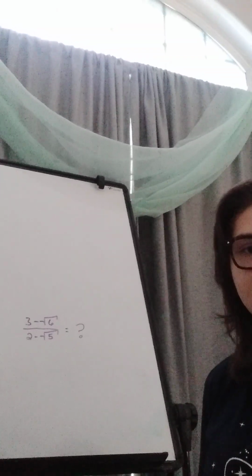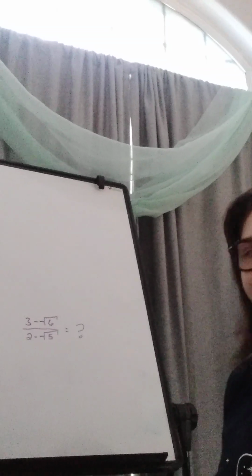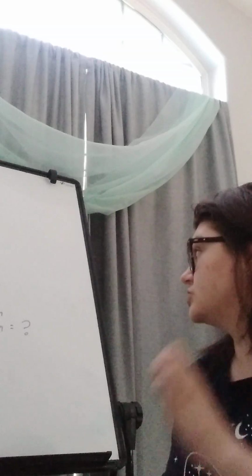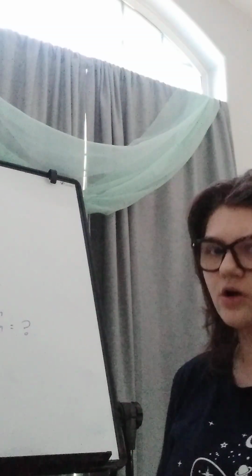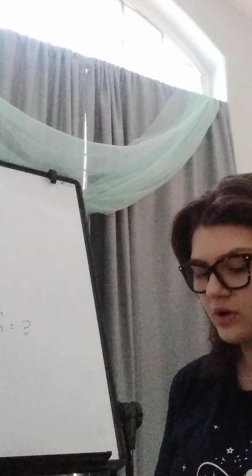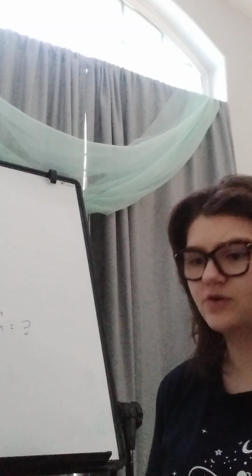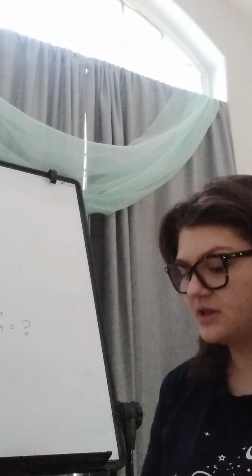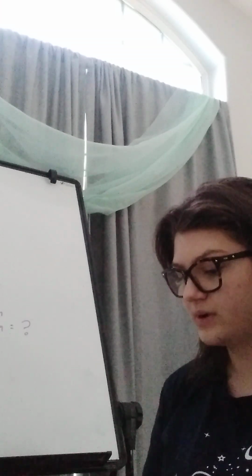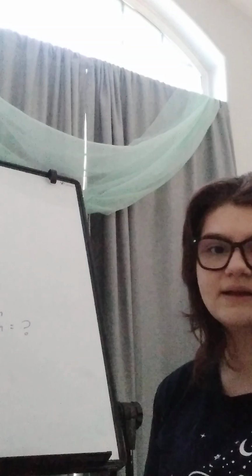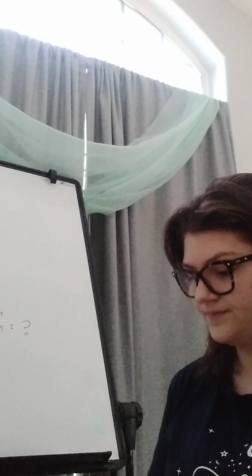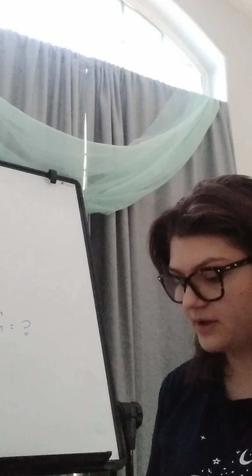So remember, when we do the conjugate, we're really looking at the denominator and we're just flipping that sign. If you recall your quadratic formula, do you remember how it has x is equal to negative b plus or minus the square root? I'll call it uppercase D because it's our discriminant, over 2a.